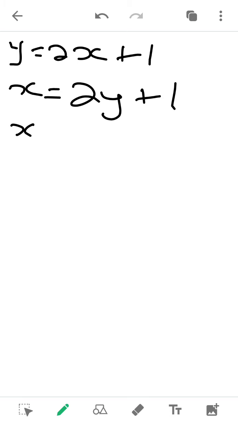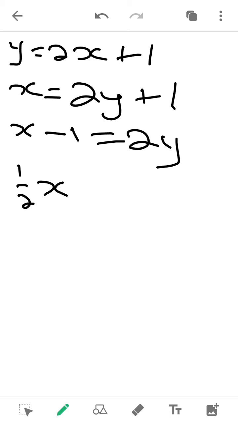So x minus 1 equals 2y. And then we divide both sides by 2. We're going to have 1 over 2 x minus 1 over 2 equals y.